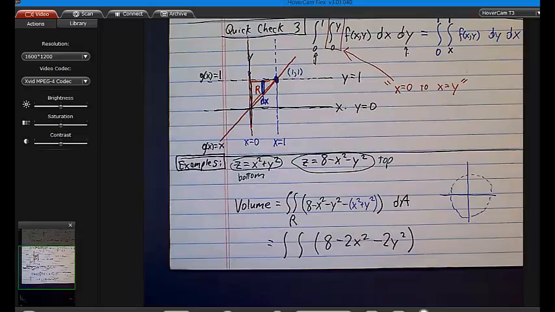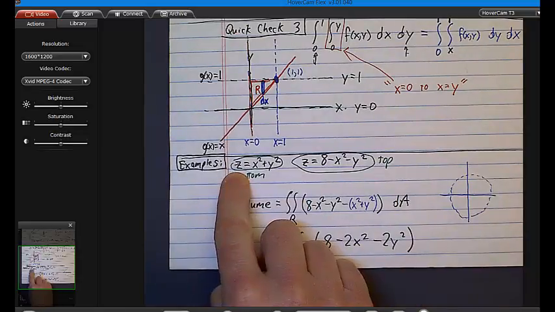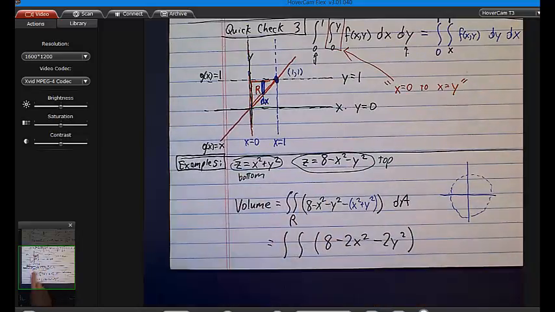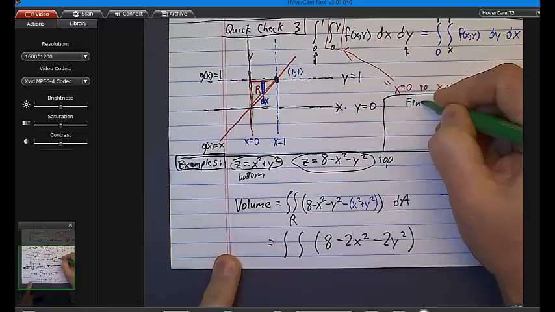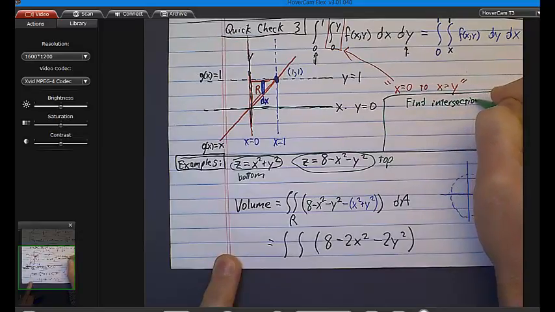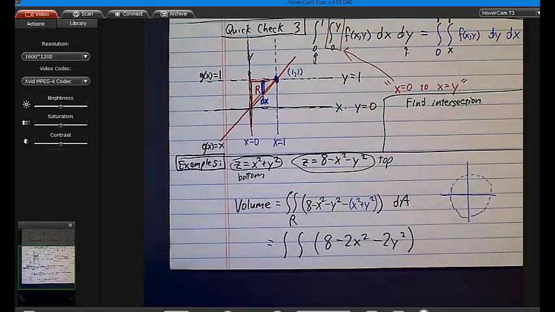In particular, because these are oriented vertically, we have Z and we have Z. What I really need to know is where these two curves intersect. So again, maybe I'll do that up here. Find the intersection, because then we can project it down, and that's going to give me the boundary of R.